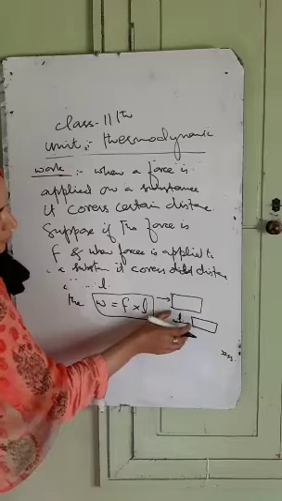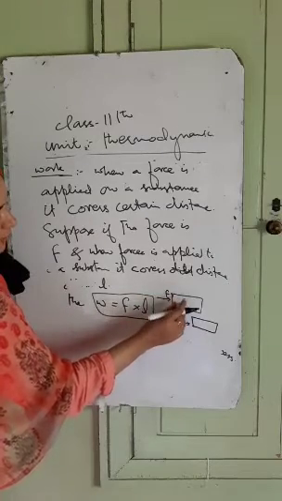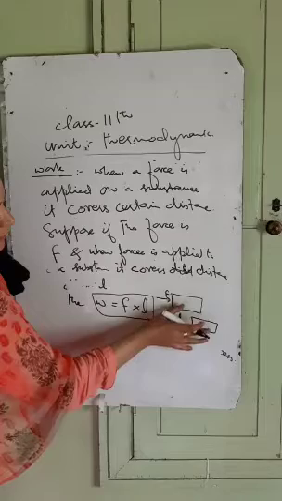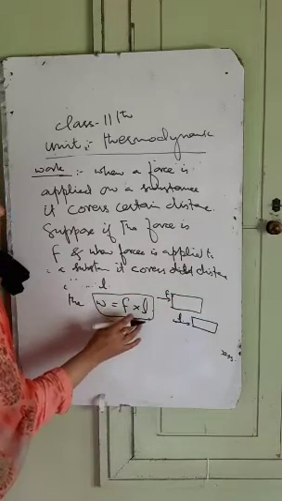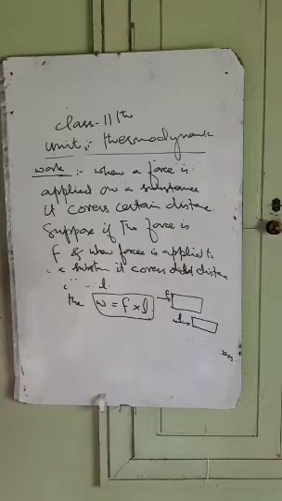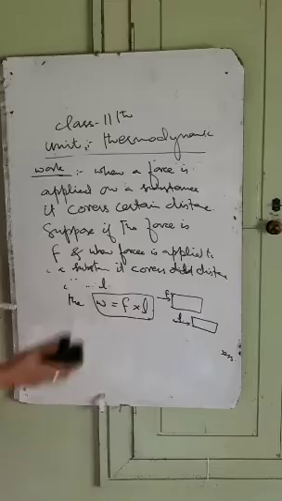The work is said to be done, and that work W is equal to F into L. Work is of the following types: electrical work and mechanical work. Electrical work you will study in class 12th in the electrochemistry unit, while in this unit we are going to discuss mechanical work, also called pressure volume work done.